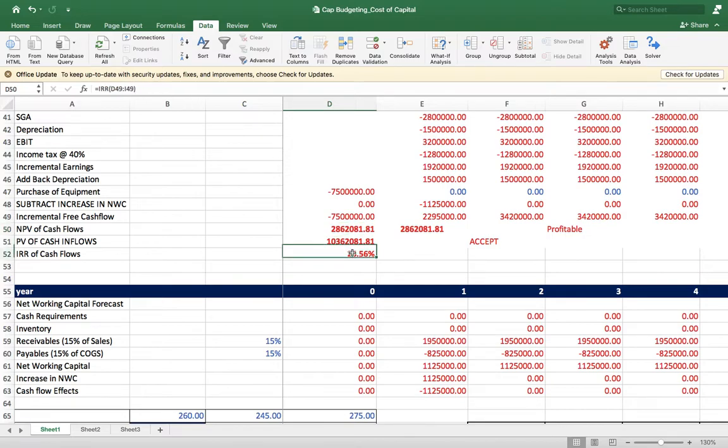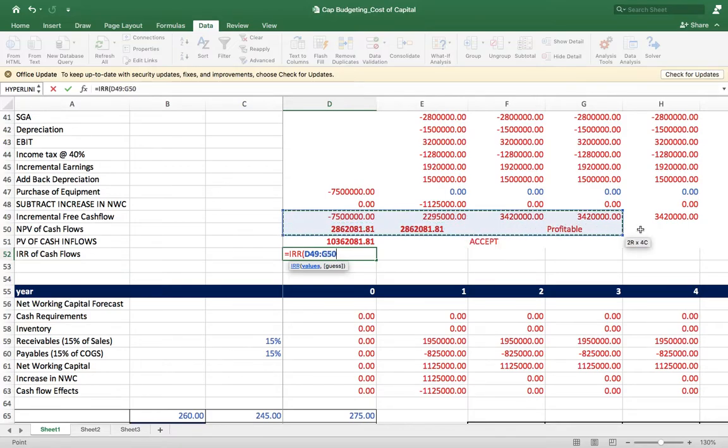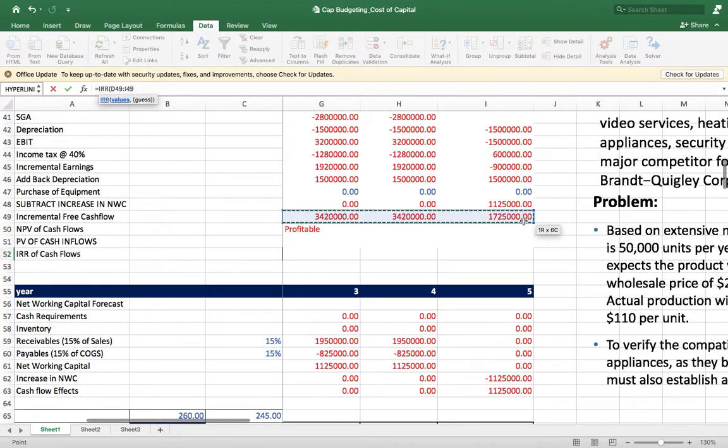Now you can calculate the IRR also. IRR is equal to, the cash flow range from year 0 to year 5. In cash flow, there is no need of making inflow, outflow, initial cash outflow, no need to do anything.